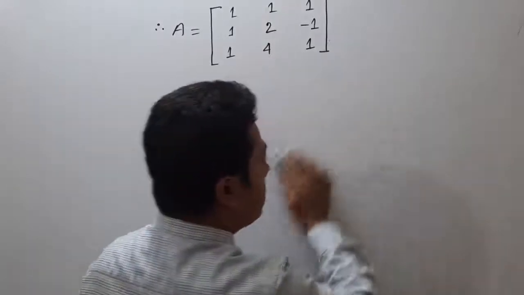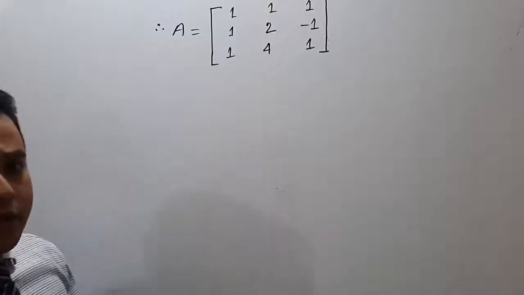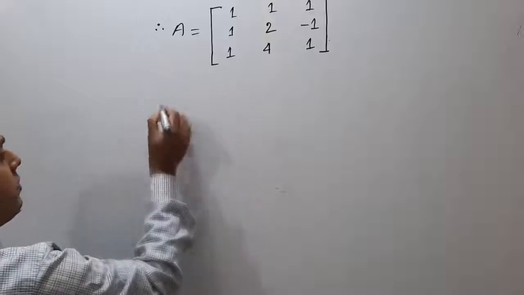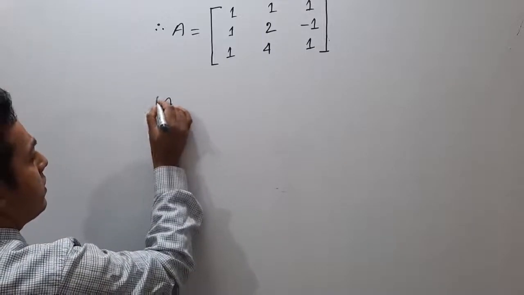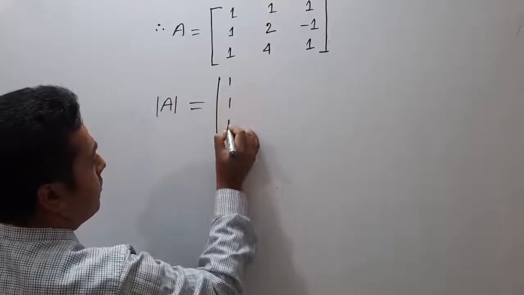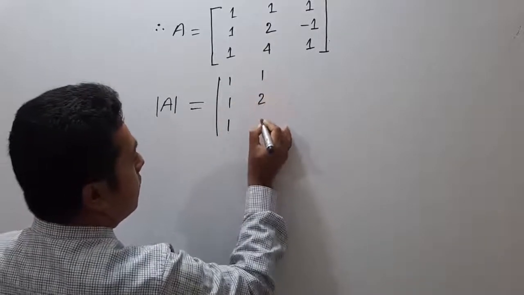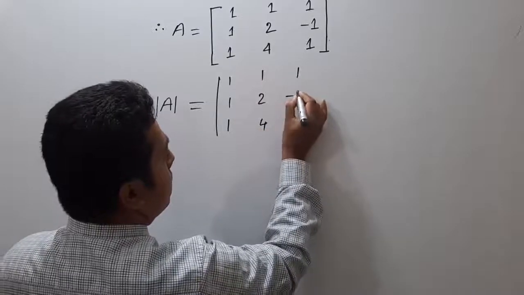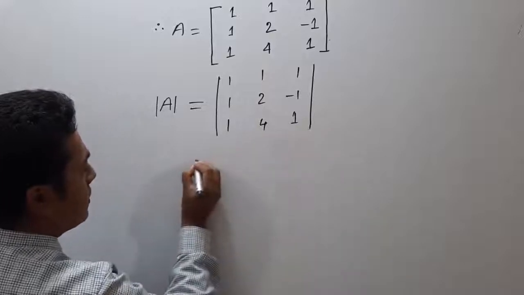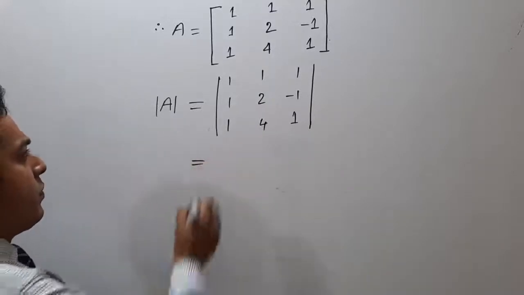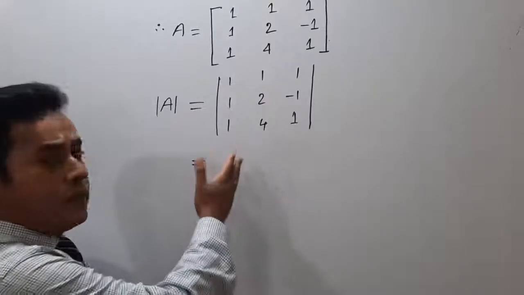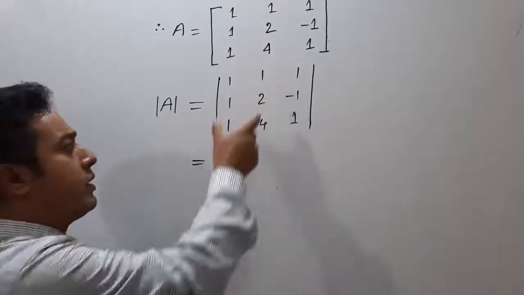For the inverse matrix, at first you have to determine the determinant of matrix A, which is denoted this way. Now we can find the determinant by expanding along the first row.